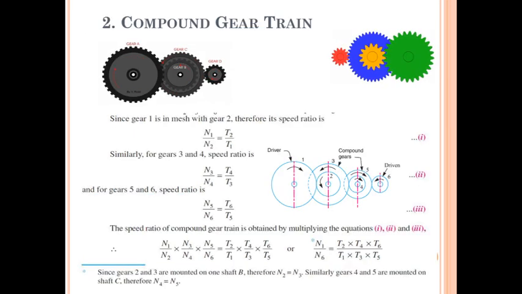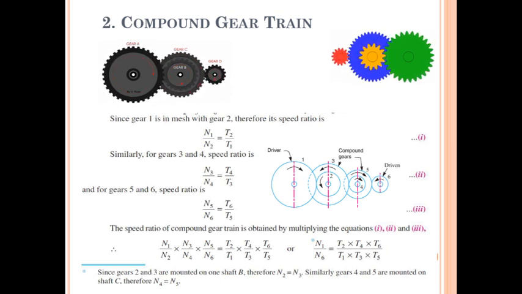That is regarding idler gear. The second type of gear train we will see is the compound gear train. Now observe that animation. In that you are observing that gear A is meshed with gear B. Gear B again is mounted on one shaft. On the same shaft gear C is mounted.